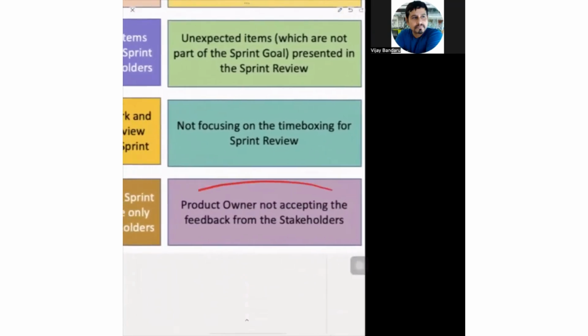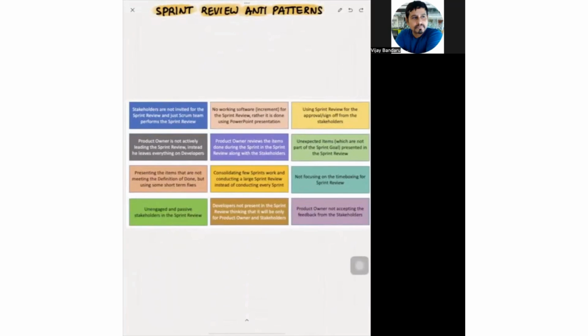Then the last anti-pattern: the product owner not accepting the feedback from the stakeholders. The purpose of having stakeholders in the sprint review is to get real feedback before the product goes into production. So it's important for the product owner to be open to receiving the feedback from the stakeholders and to evaluate whether it is valuable enough, whether it will add any additional value, or bring performance improvements, usability improvements, or navigation improvements to the product, and then make the call accordingly.